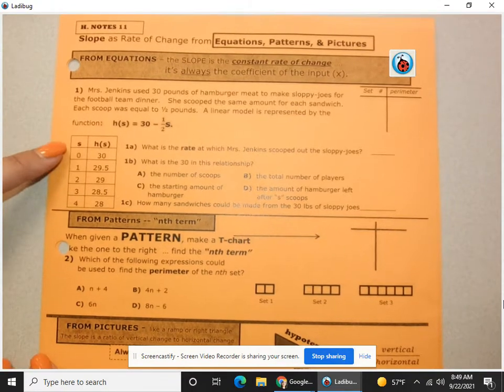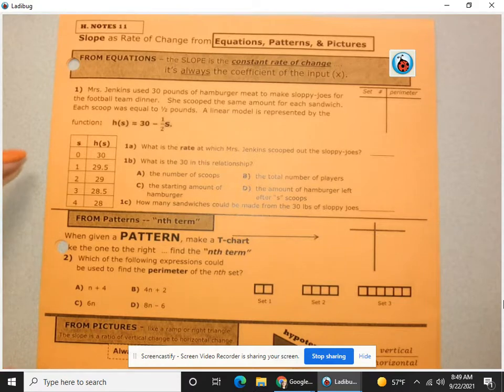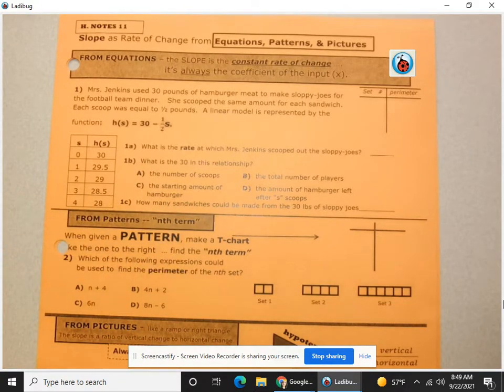Okay? It gives you a table over here. So the question is, what is the rate at which Miss Jenkins scooped out the sloppy joes? So what's my rate of change? What's my slope? Somebody said it. Oh, yeah, negative 1/2. Negative 1/2.